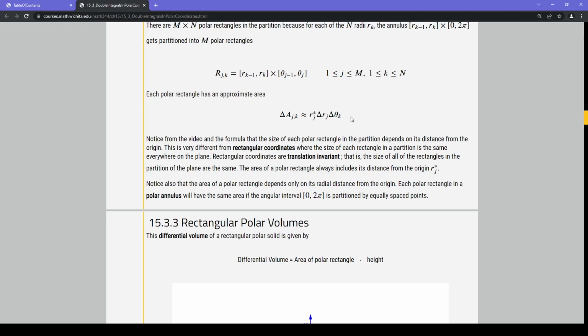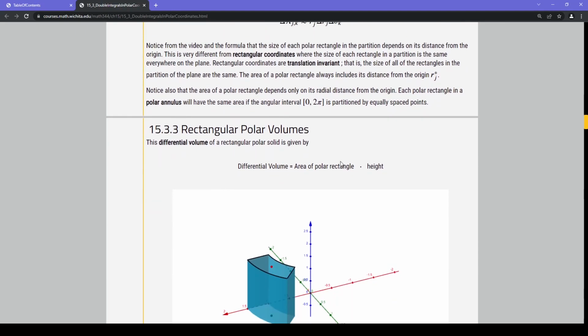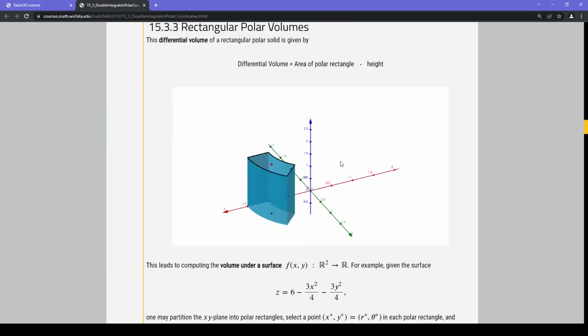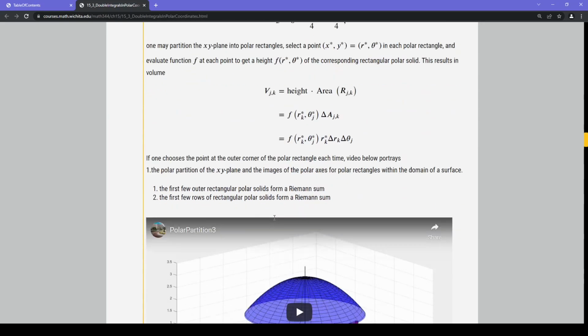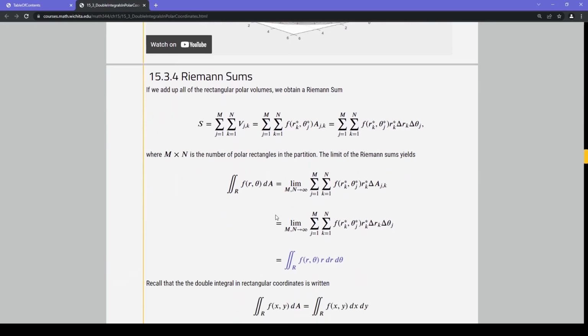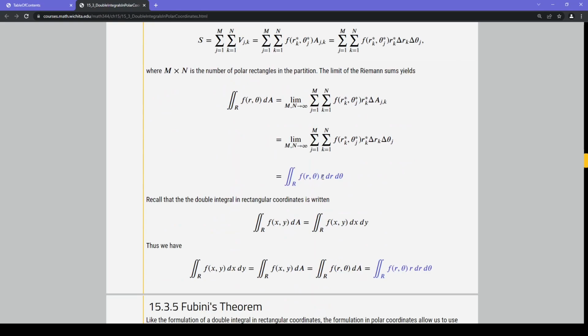If we set things up in an equal way that shows what happens to the coordinate systems as we switch from one to another, there is a necessary scaling factor that is introduced, which is this r here.